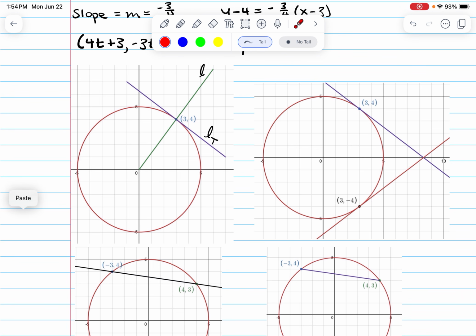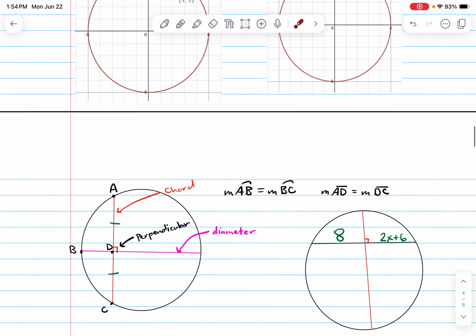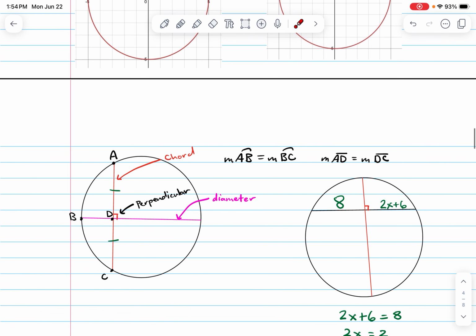But notice I've got some circles here, and I just want to use these circles to define something. Actually, let me draw it up here. Okay, here we go. Whenever you have a circle and you have a line that goes through like that, touches the circle at a couple of points, we call that a secant line.